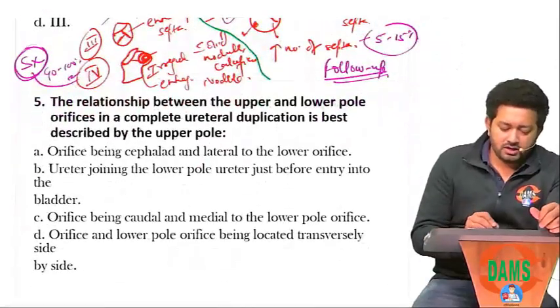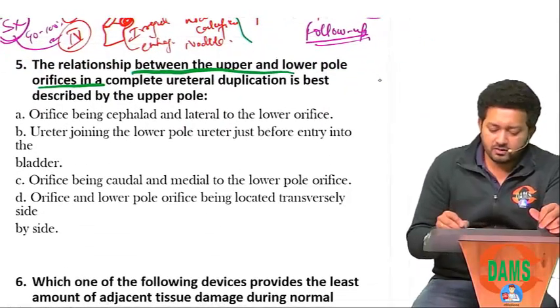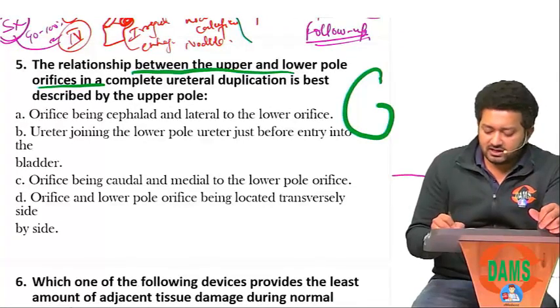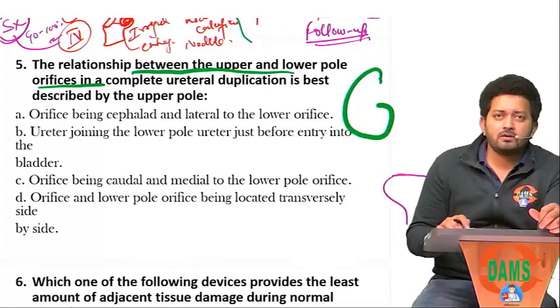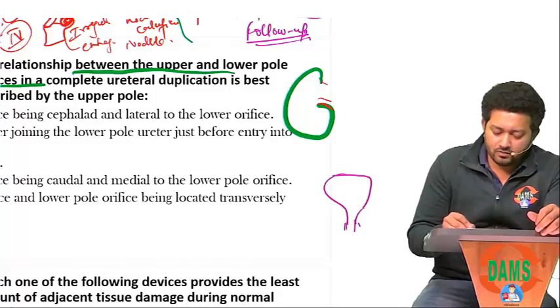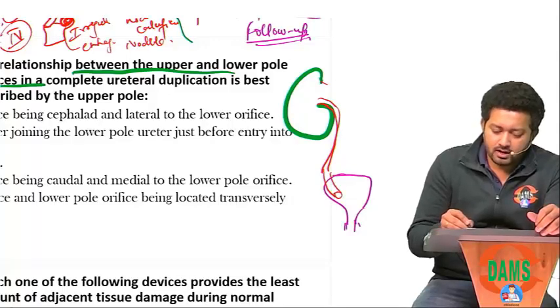Next question, relationship between the upper and lower pole orifice in complete ureteral duplication. Duplication is a condition in which from a kidney, 2 ureters arise. One ureter comes from the lower pole and opens into the bladder, and another ureter comes from the upper pole.